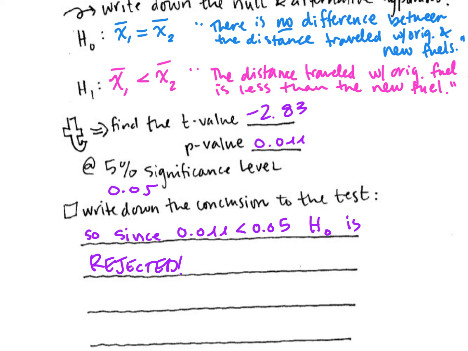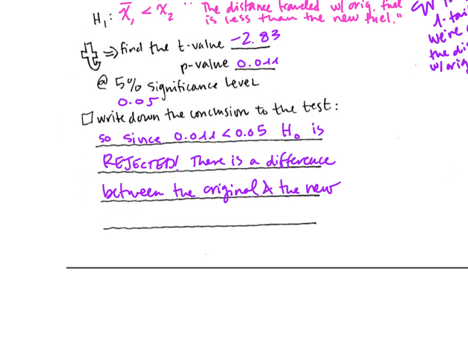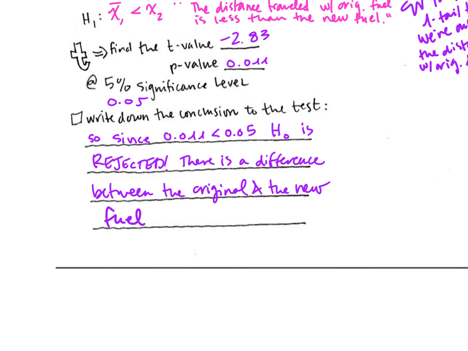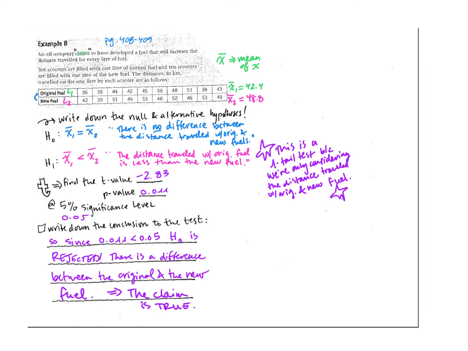So that means that there is a difference between the original and the new fuel. What this really means is that the claim is true, or is substantiated. The claim is true, period. Okay, so that's how that works.